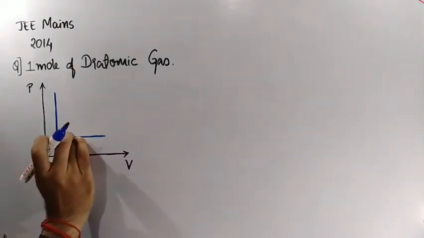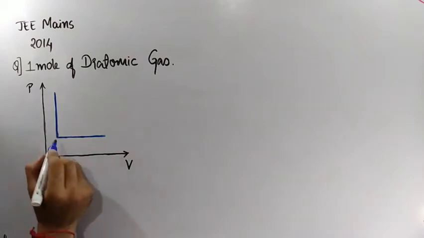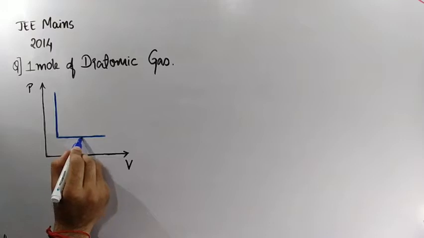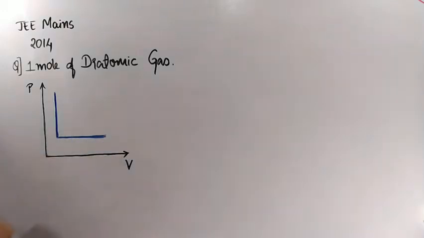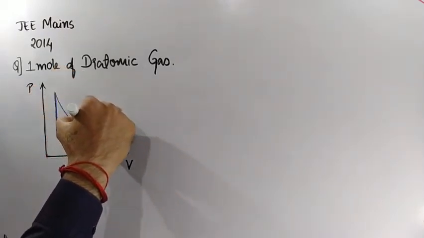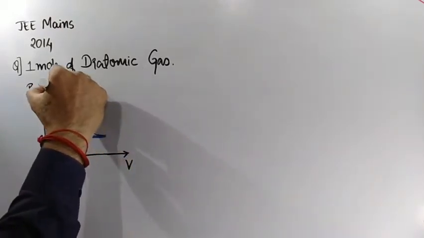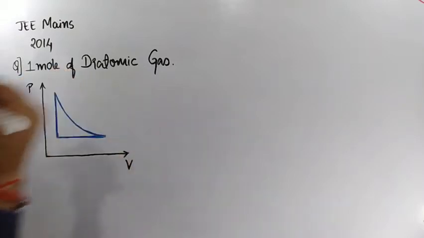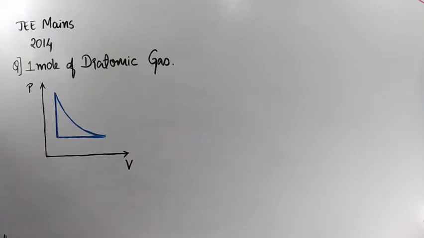Are you understanding all the things they had given in the question? First they are telling that 1 mole of diatomic gas, and here we have one curve. I hope you are getting this point.